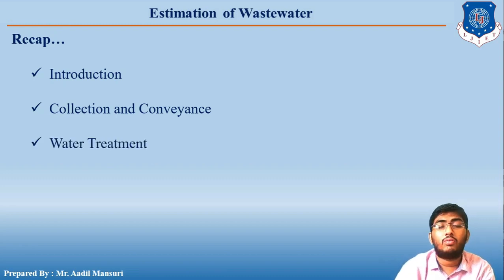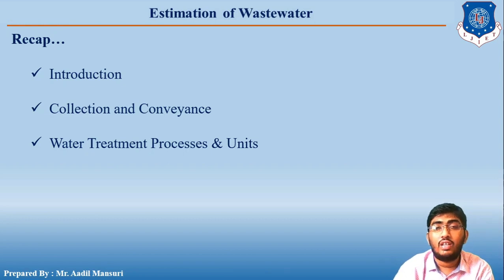Then we covered the water treatment processes and units, starting from the screen, then clarifier, flocculator, and clariflocculator. Then we discussed flash mixers, that is mixing devices, then rapid sand filters, different types of filters, and then disinfection. Everything was covered in this topic.